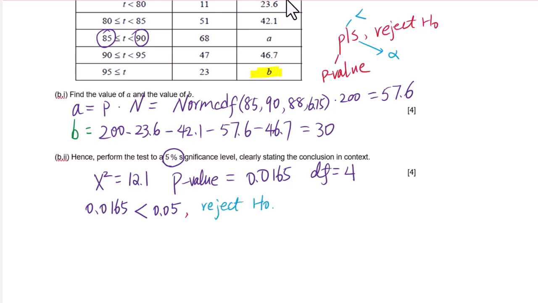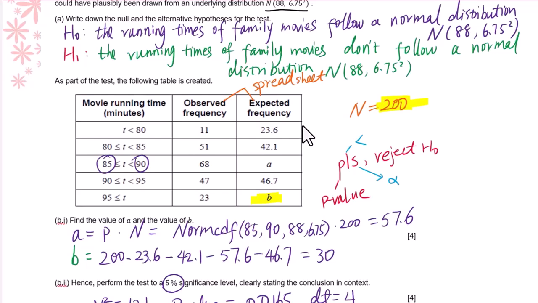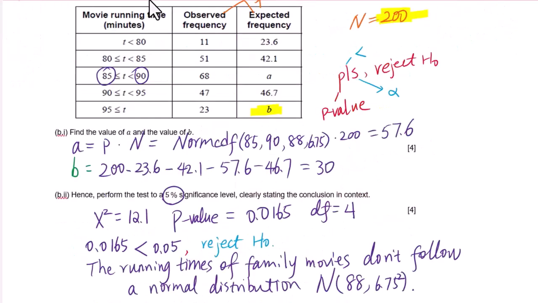So we write down H1: the running times of family movies don't follow a normal distribution N(88, 6.75 squared). The running times of family movies do not follow a normal distribution with 88 as the mean, 6.75 as the standard deviation.